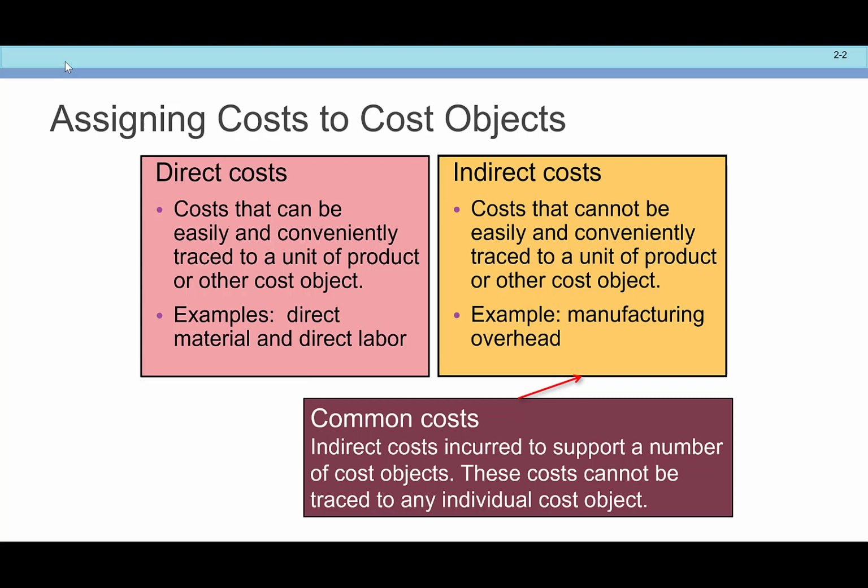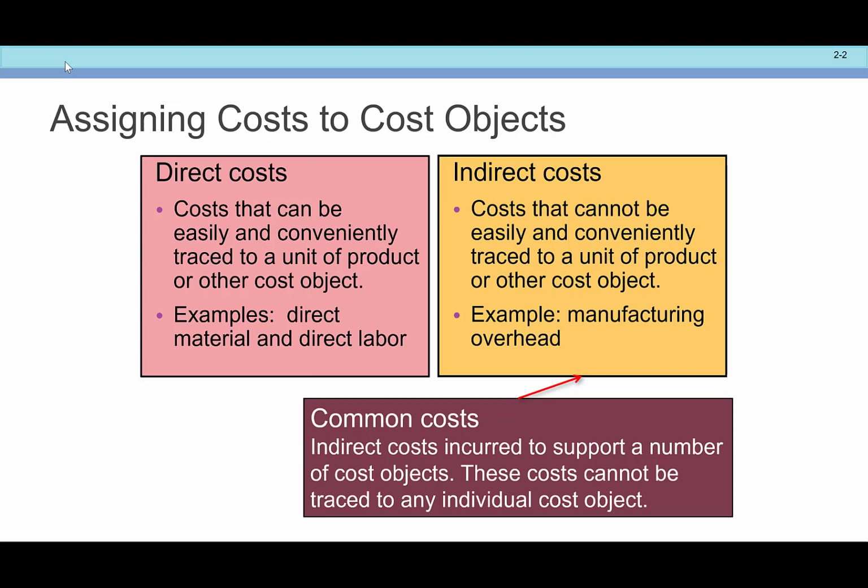Okay, so we have our cost, we have direct costs, we have indirect cost. Direct material and direct labor are classic examples of direct cost.